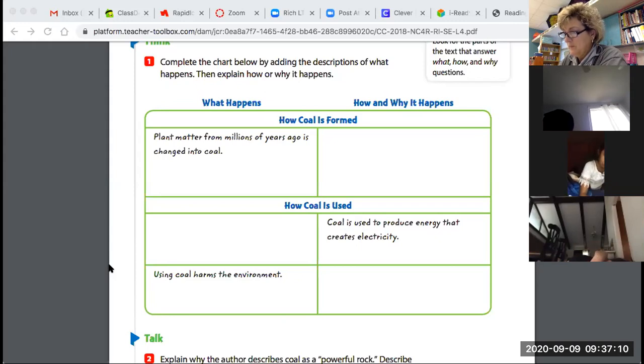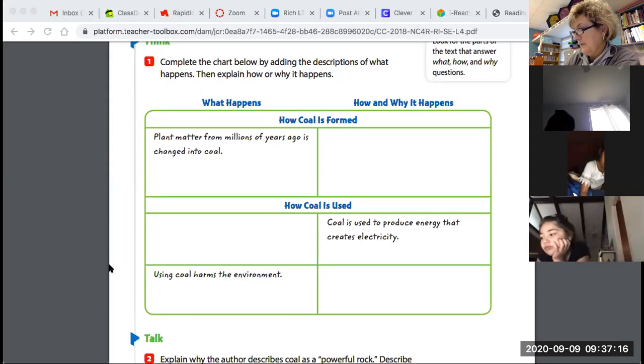Come on, guys, talk to me. When fuel is burned, a chemical is released into the air. So burning coal releases what, Mark? A chemical that harms the air and produces acid rain.